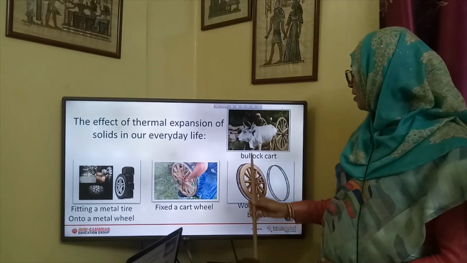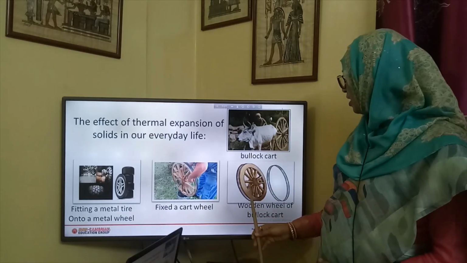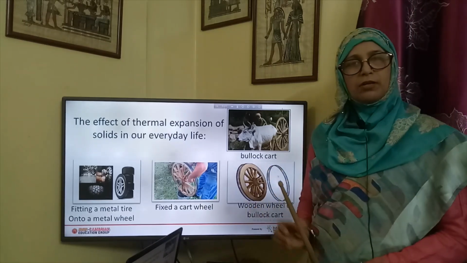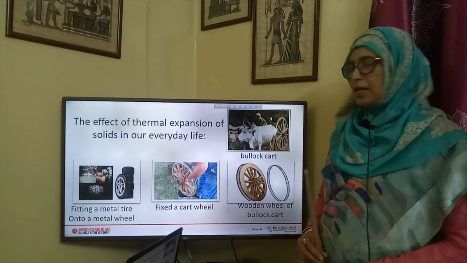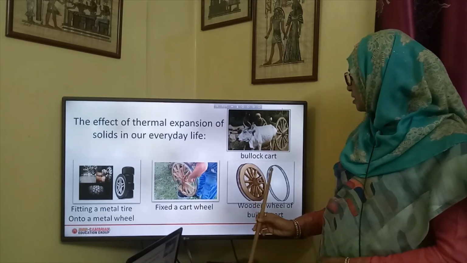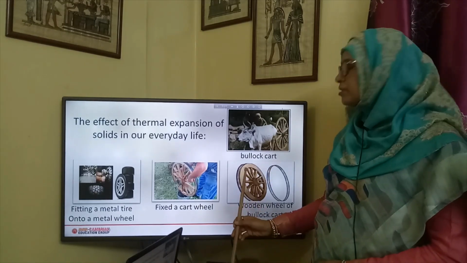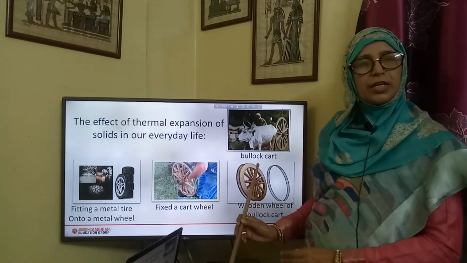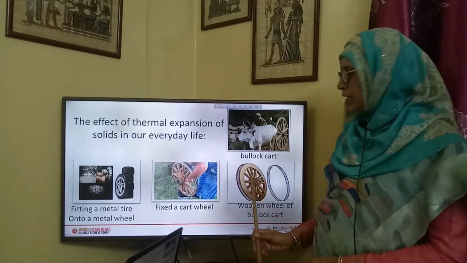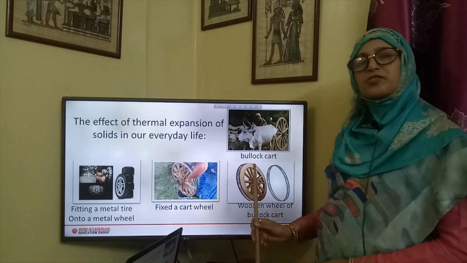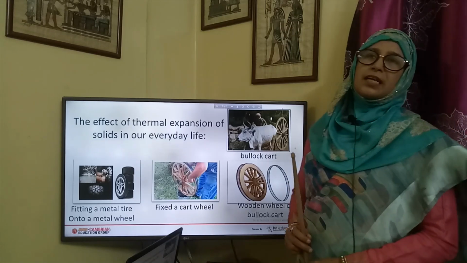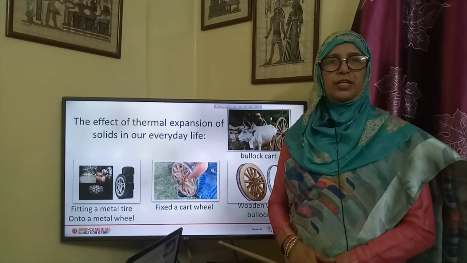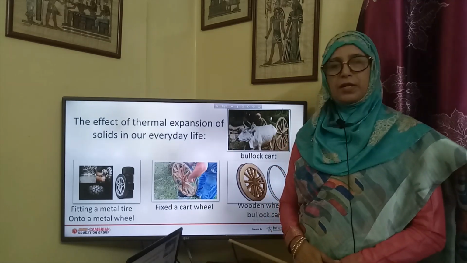The wheel of this bullock cart is made of wood, and this ring is made of iron or steel. The ring is a little bit smaller than the wheel, and when fixing it, due to the application of heat it expands, and then it fits tightly. So we see from these different examples that solid substances expand due to heat.